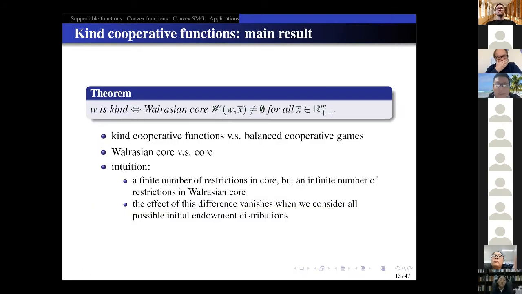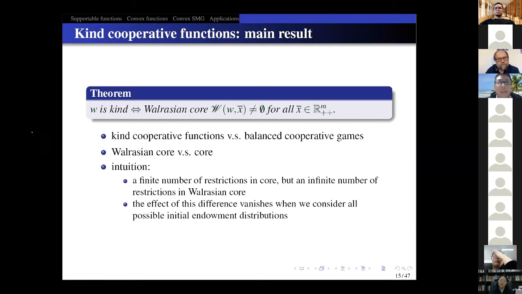Our first result is that W is balanced if and only if its variation core is non-empty. One direction is very easy. If the variation core is non-empty, we can easily show that W is balanced because we can use the shadow price in the variation core to allocate the profit proportionally to their resources.